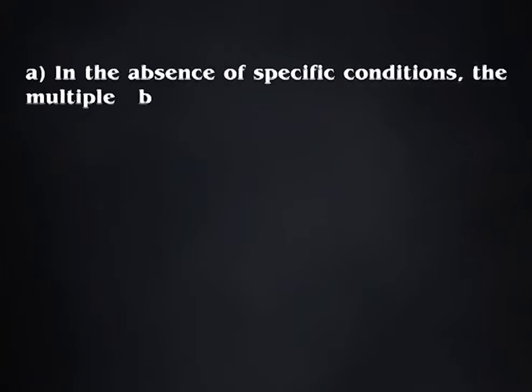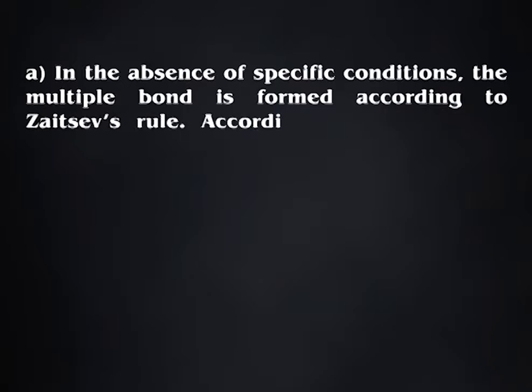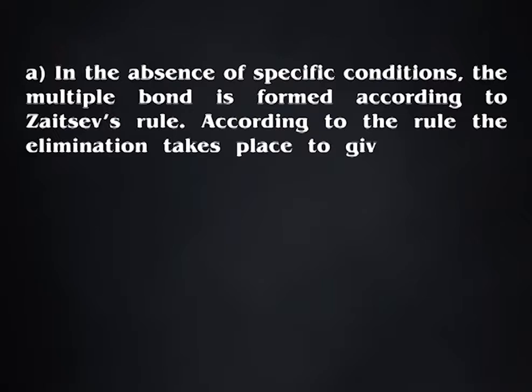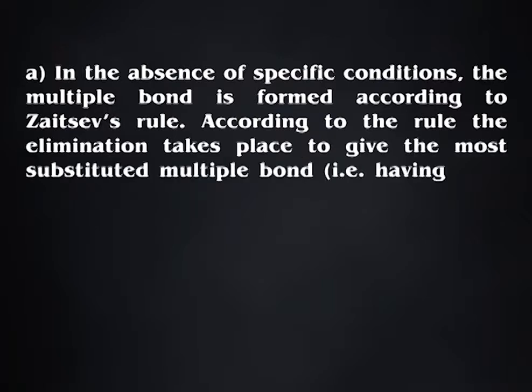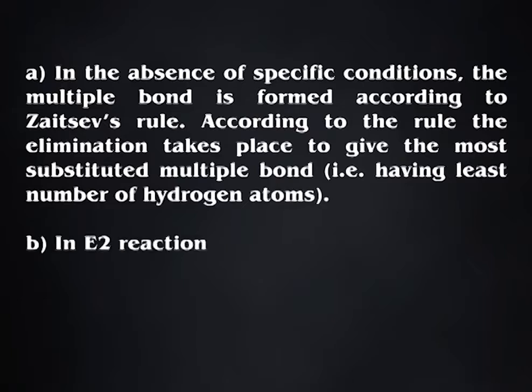The regioselectivity is governed by certain rules. Number 1, in the absence of specific conditions, the multiple bond is formed according to Saytzeff's rule. According to the rule, the elimination takes place to give the most substituted multiple bond, that is, having the least number of hydrogen atoms, as the major product.